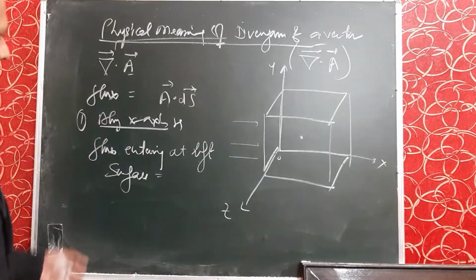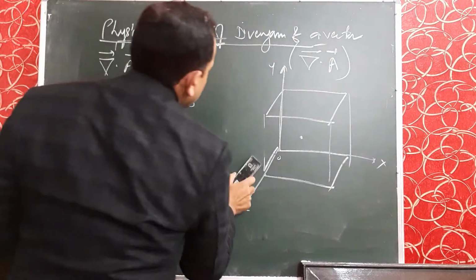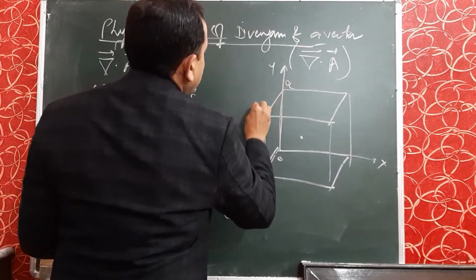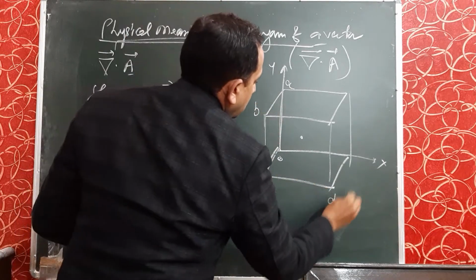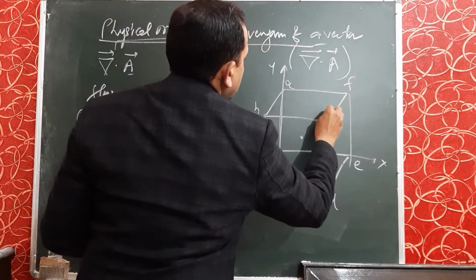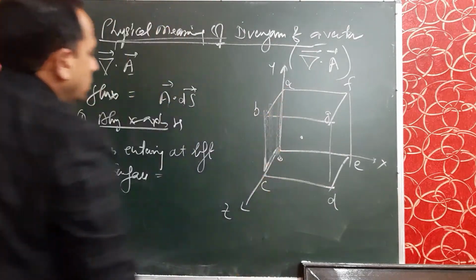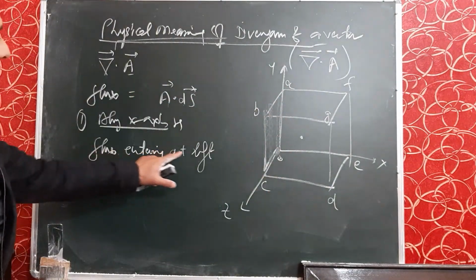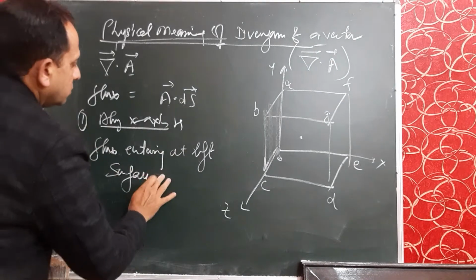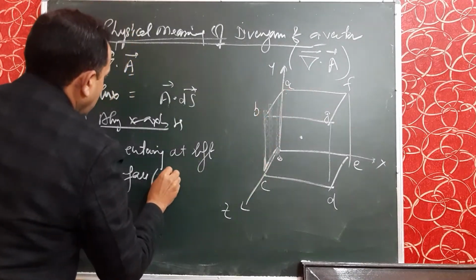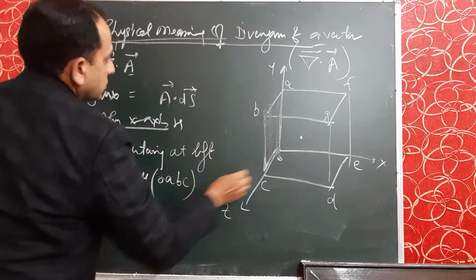We may give names to the surfaces: O, A, B, C, D, E, F and G. First of all, I will consider this surface: flux entering at the left surface. Left means the surface O, A, B, C.